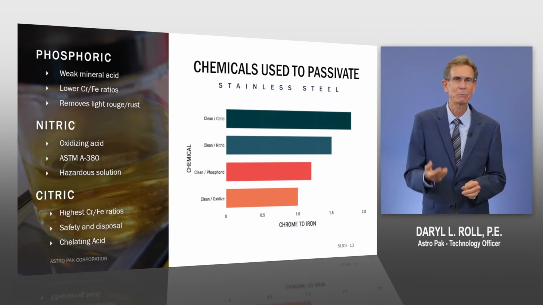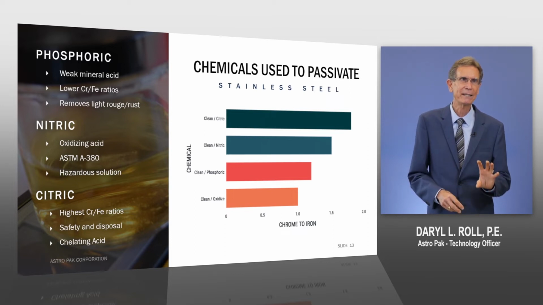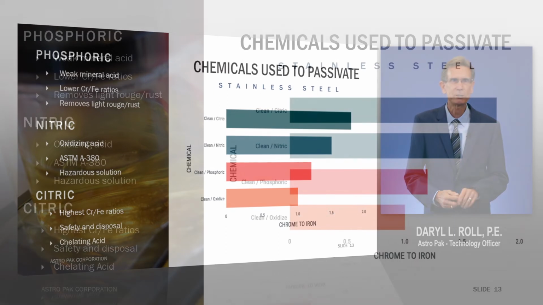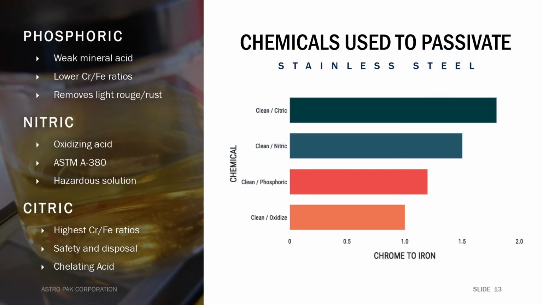That passive film produced by nitric has 2 times the corrosion resistance of the mill finish that's at 1 to 1.2. Compared to citric acid at 1.8 to 2.0 is double the corrosion resistance of nitric.